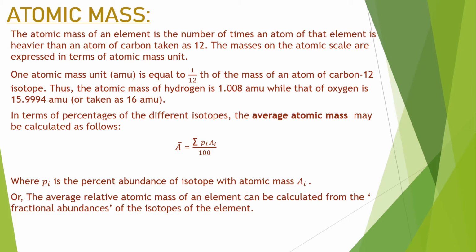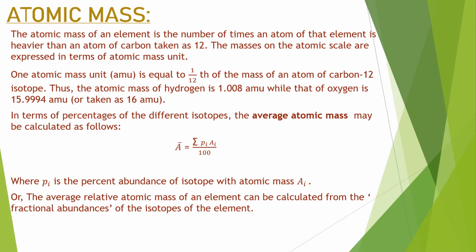Now in place of AMU, we can write U, that is unified mass. One atomic mass unit is equal to 1/12th part of the mass of an atom of carbon-12 isotope. So thus the atomic mass of hydrogen is 1.008 U, while that of oxygen is 15.9994 U or 16 U.